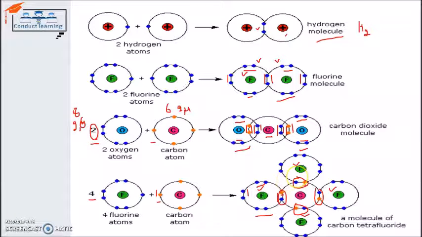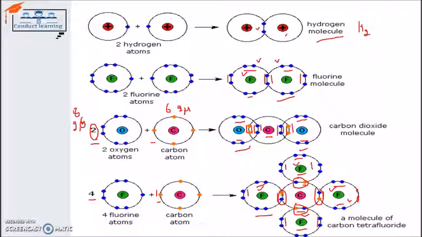Here the fluorine also gets 1 electron from carbon and becomes stable, 2, 4, 6 and 8. Same for this fluorine atom also, 2, 4, 6 and 8. Here I will write 2, 4, 6 and 8 here.